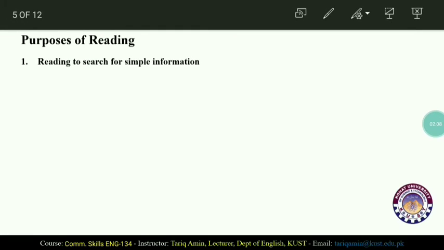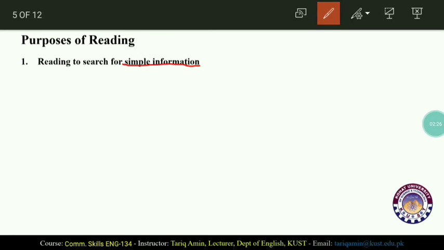We had discussed that your specific information can be in the form of words, numbers, figures, proper nouns, common nouns, it can be in the form of even pictures as well, it can be in the form of tables, it can be in the form of different graphs.